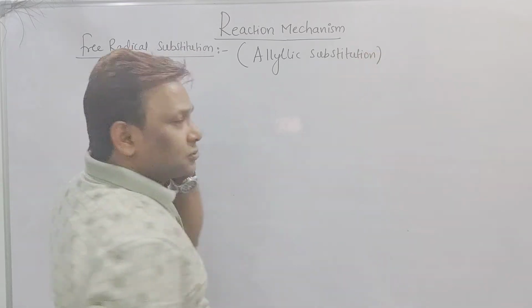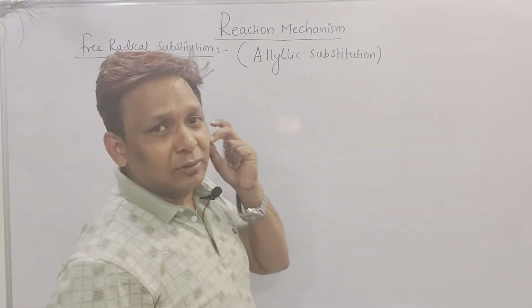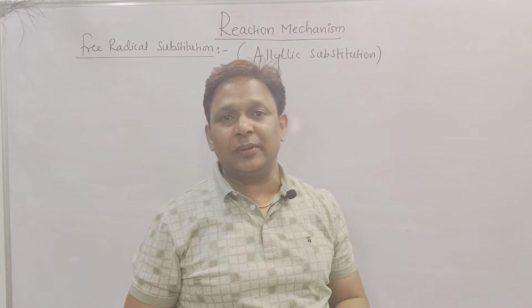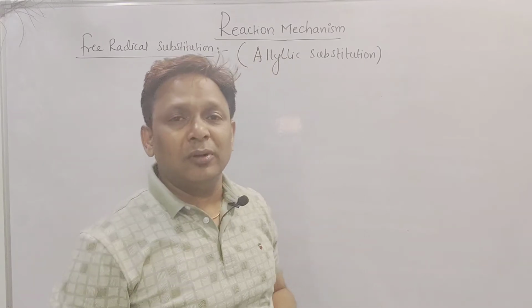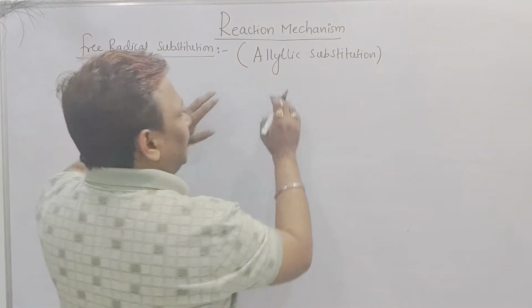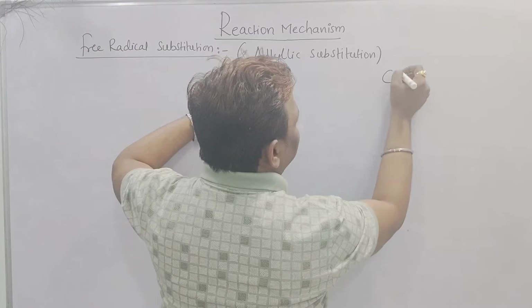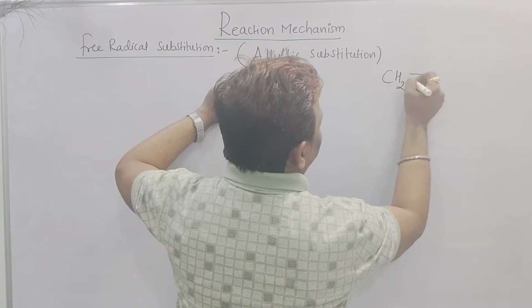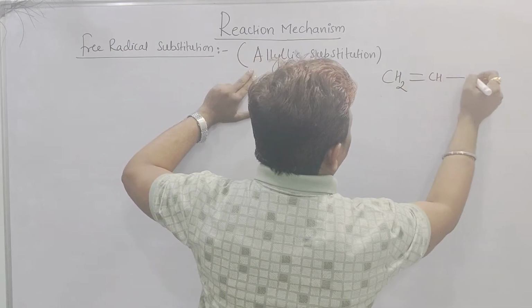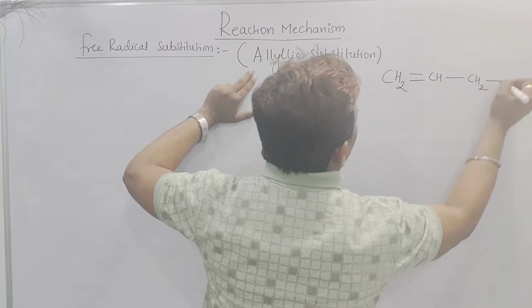Most of the students don't know what the allyl group is and what the allylic carbon is. So first of all, we should know what the allyl group is. This is called an allyl group: CH2 double bond CH single bond CH2 with a free bond.